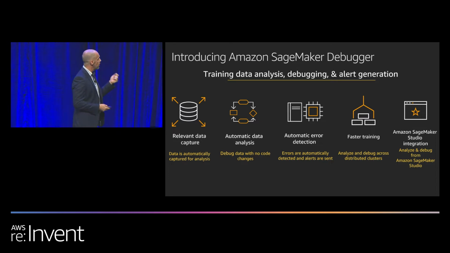SageMaker Debugger allows you to automatically capture the data. You don't have to specify what data you want to capture in your source code. This is one of the fundamental changes that we made.